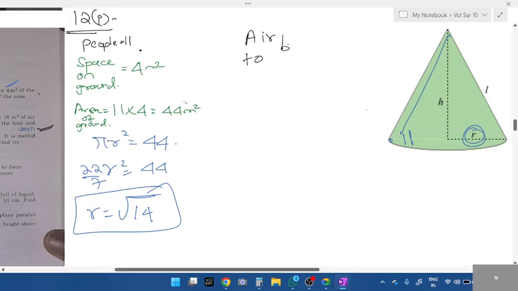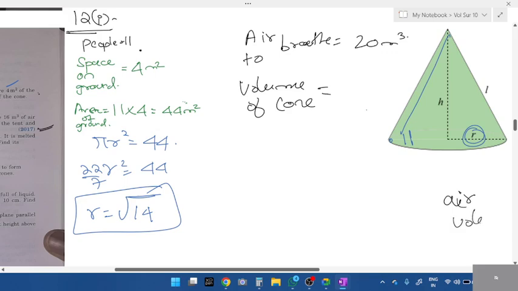Equals to 20 meter cube. Therefore, volume of cone. Air is basically inside the cone, students. Okay. So whenever they give the word air, remember air is volume. Air meaning is volume.